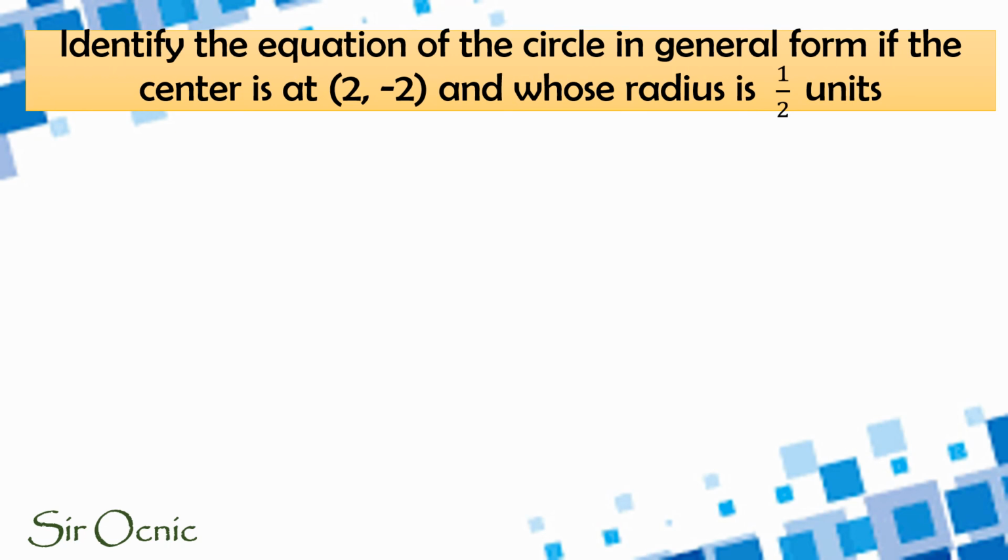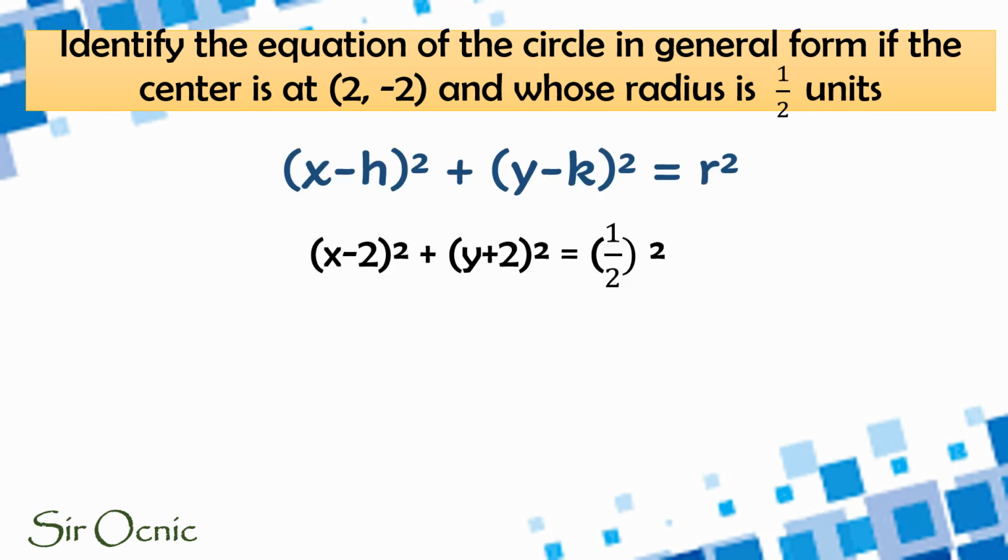Identify the equation of the circle in general form if the center is at (2, -2) and whose radius is 1/2 unit. So using the values of h, k, and r, let us identify the center-radius form first, and that is (x - 2)² + (y + 2)² = (1/2)².